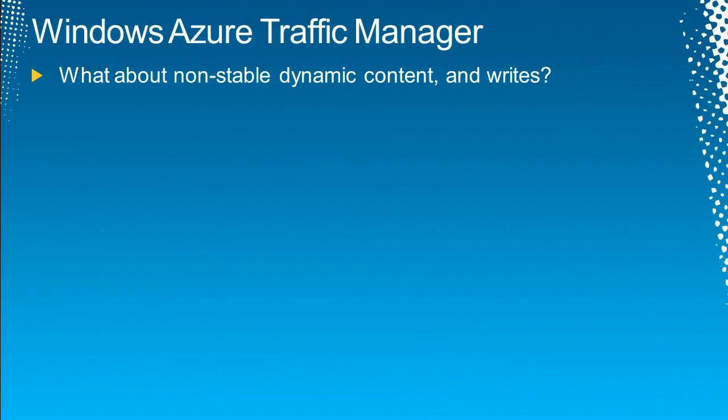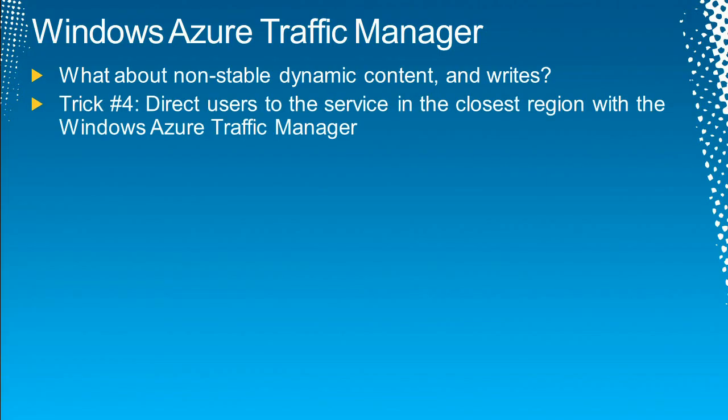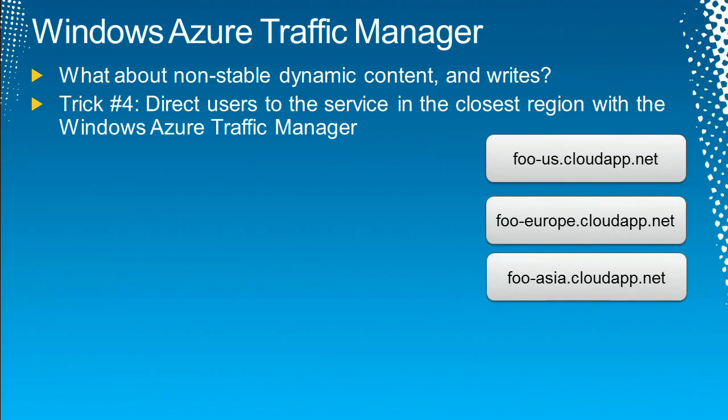It's one thing if you want to just read stuff, but if you want to write stuff, you'd like the destination of the write to be local to your region. So you can use the Windows Azure Traffic Manager. Let's suppose that you have multiple instances of your service that you provision through Windows Azure at different subregions around the world. And then you've got a user who comes in with a particular IP address.